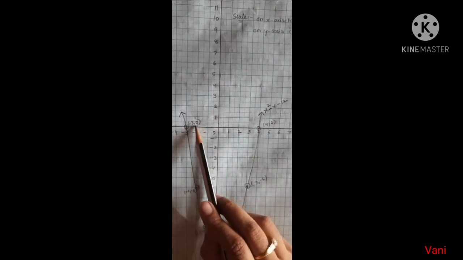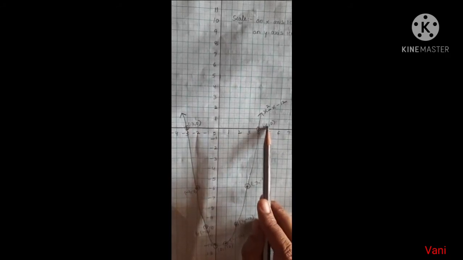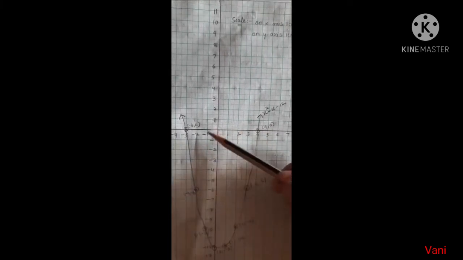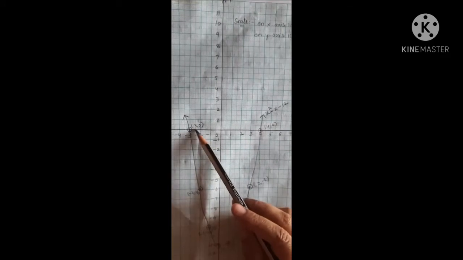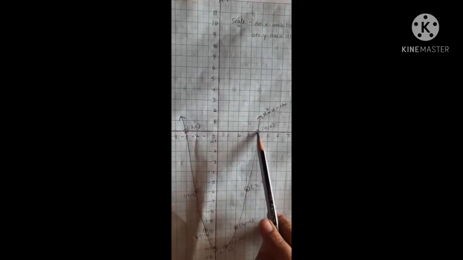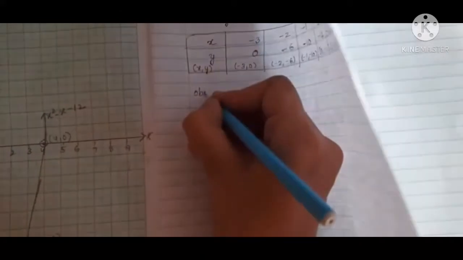Here the y coordinates are 0, and the x coordinates are minus 3 and 4. Those are the zeros of the polynomial. So by observation you have to write: the parabola touches the x-axis at 2 points, minus 3 comma 0 and 4 comma 0. The zeros of the polynomial are minus 3 and 4. That you have to mention in the graph.